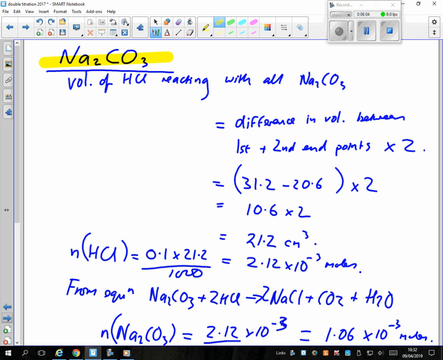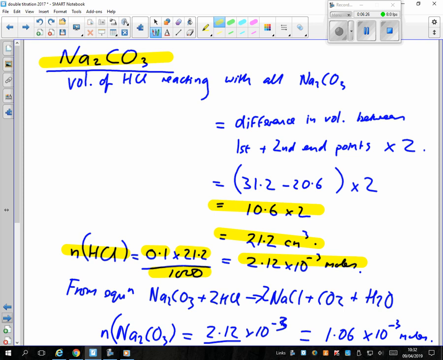All right, so the volume of HCl we've already worked out is going to be double the difference. So in my case, that's 21.2. All right, so work out the number of moles of HCl. Concentration times volume divided by 1,000. There's the answer, 2.12 times 10 to the minus 3.